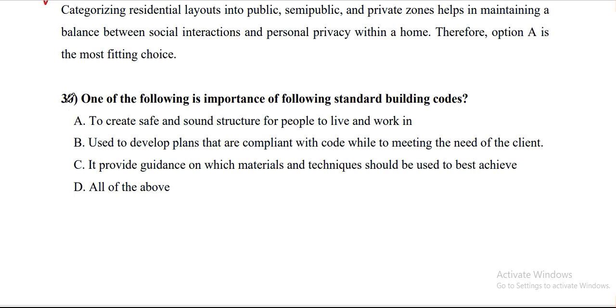Question number 13. One of the following is an importance of following standard building codes. A, to create safe and sound structures for people to live and work in. B, used to develop plans that are complicated. C, private guidance.